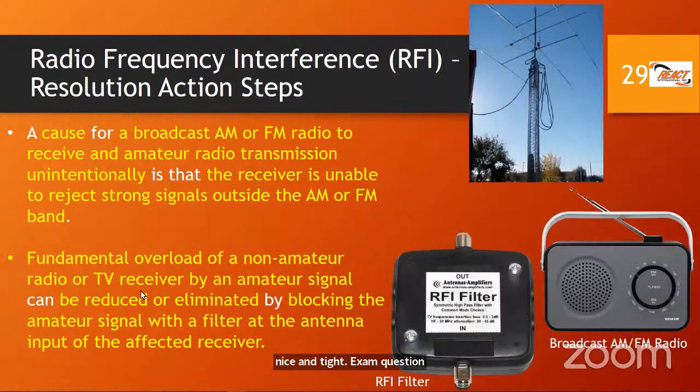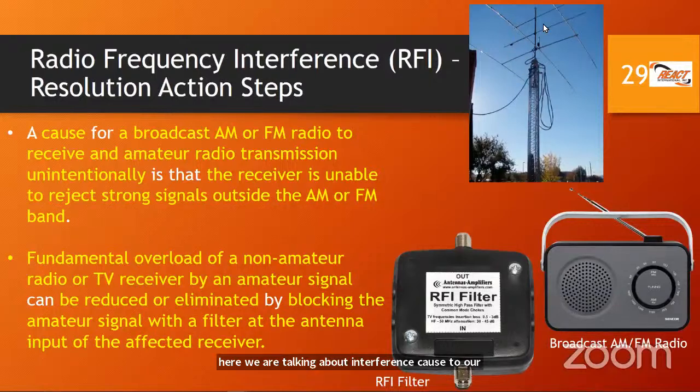Okay, so there are other steps that we can use to resolve radio frequency interference. Now, in this case here, we are talking about interference caused to our amateur radio station.